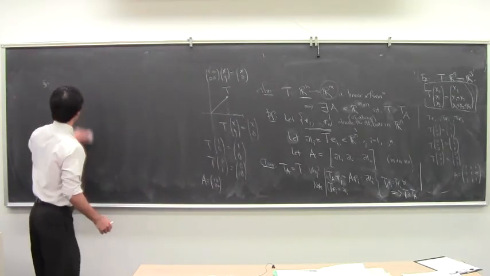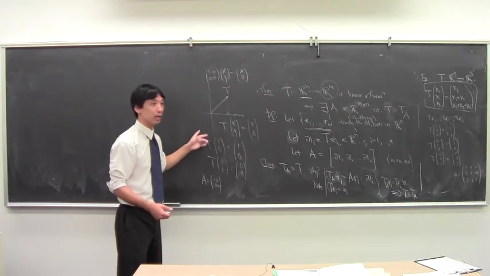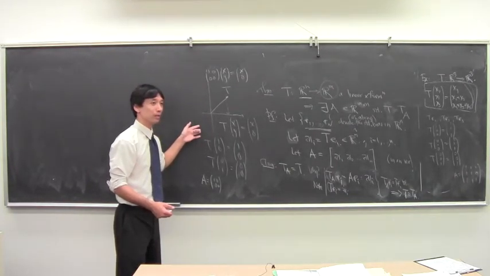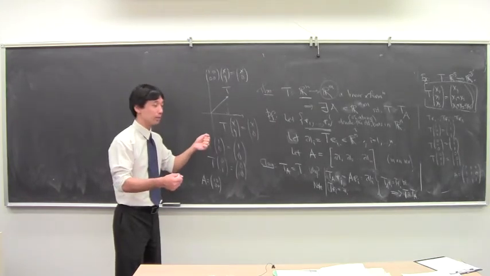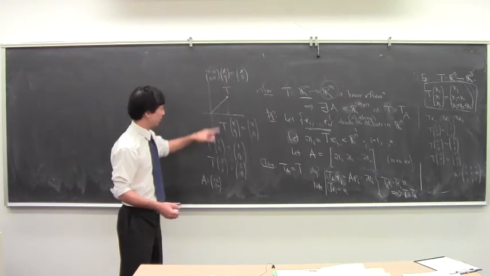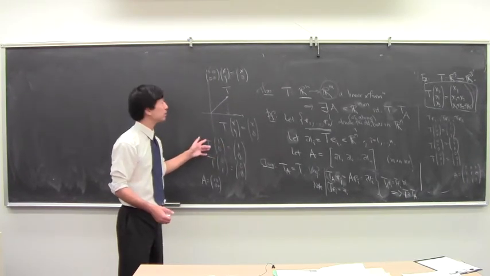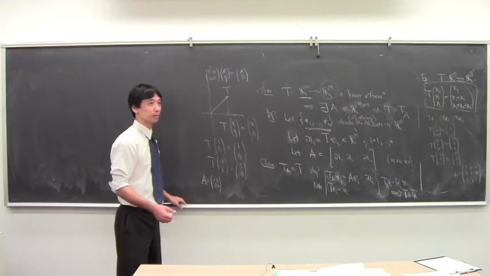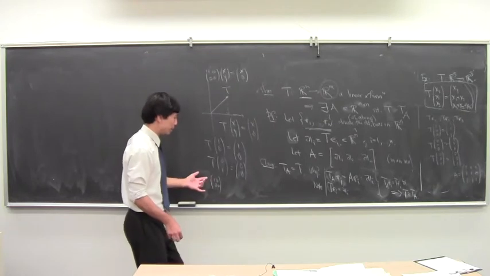More importantly, you're trying to create something that agrees with T on the standard basis. Remember, that's the game. We have these two things, and they agree on the standard basis, and so they agree everywhere. This matrix agrees with T on the standard basis, and it agrees with T everywhere. Why does it agree on the standard basis?